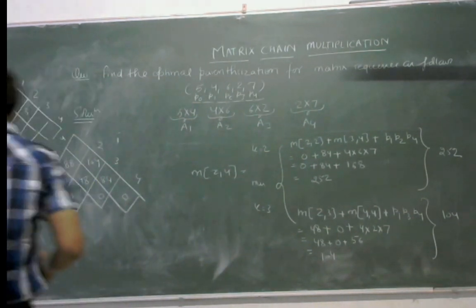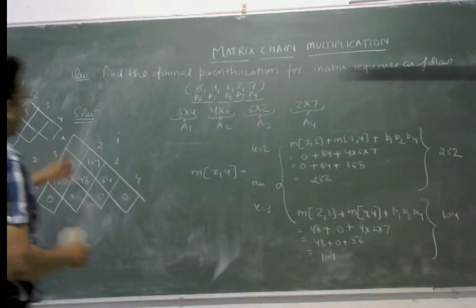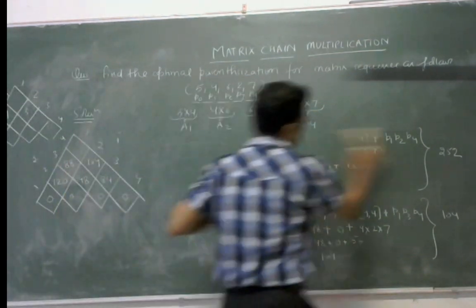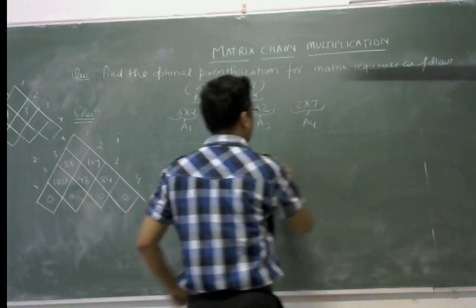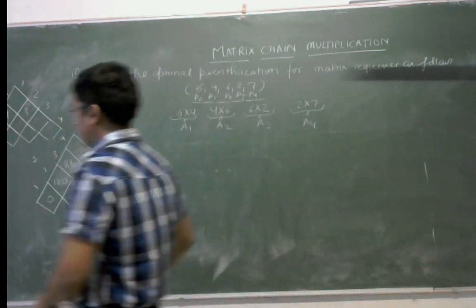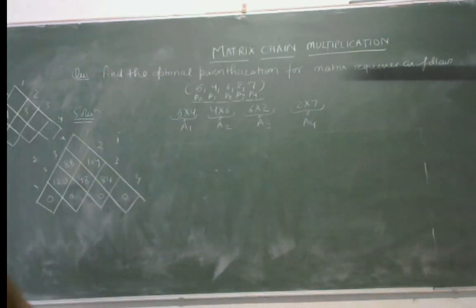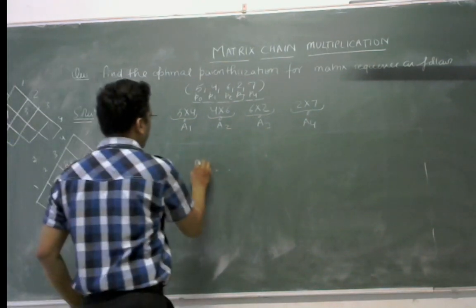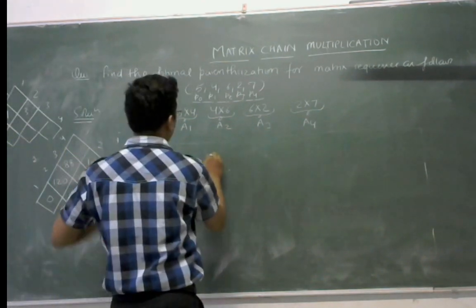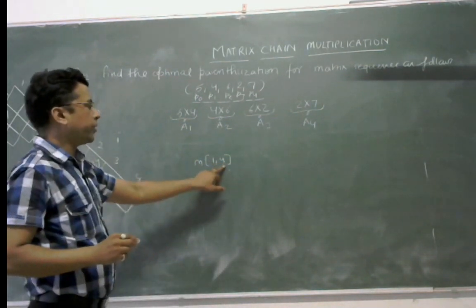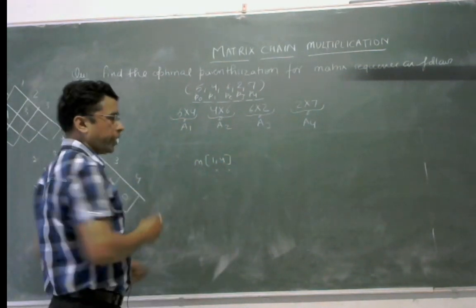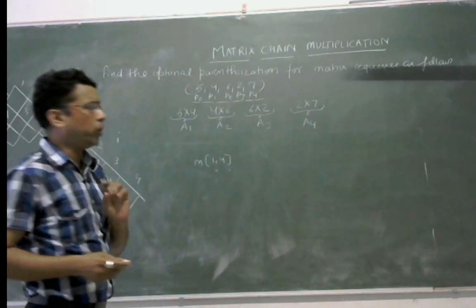After that, the final and last step, M14, where i is equal to 1 and j equals 4. So there are 3 possible values of k: 1, 2 and 3.